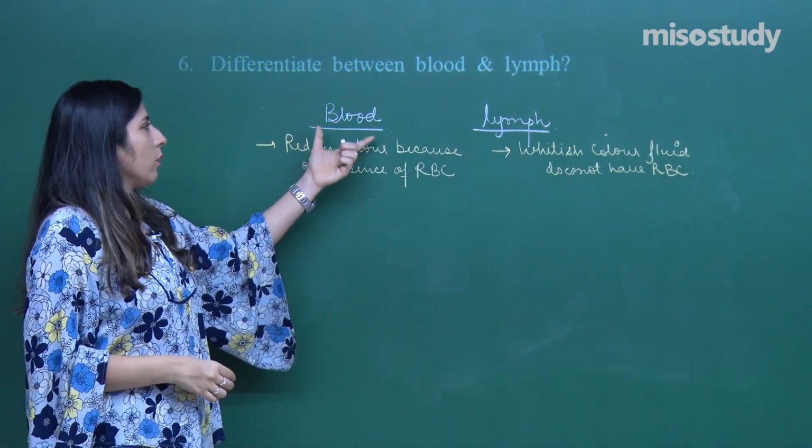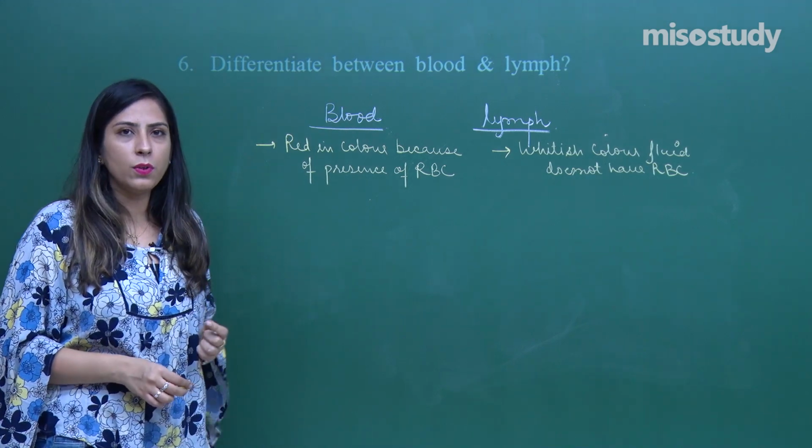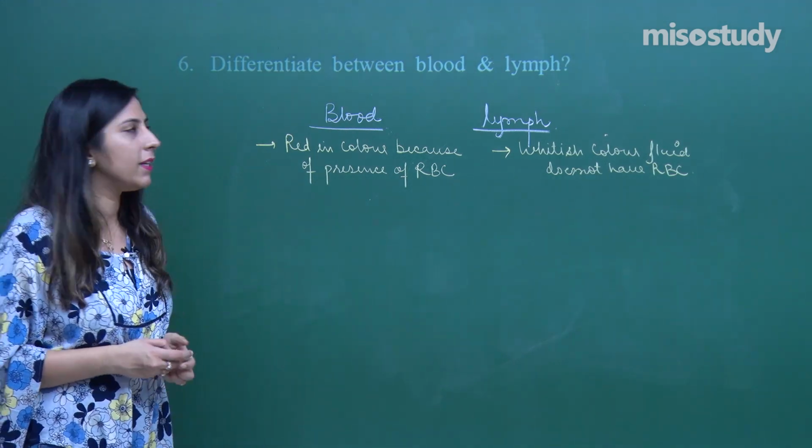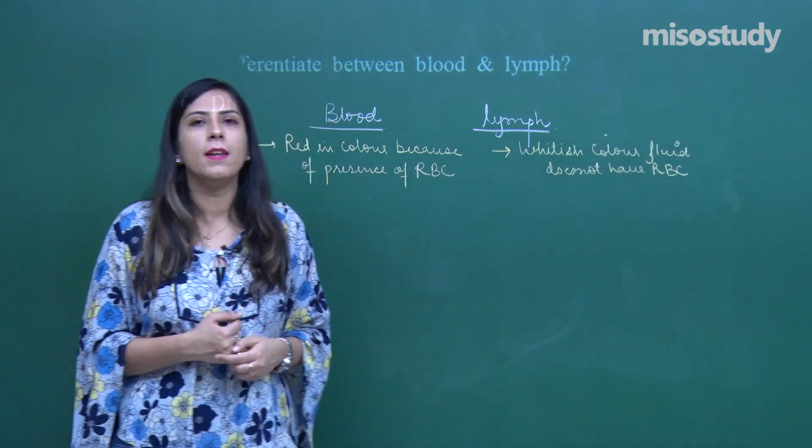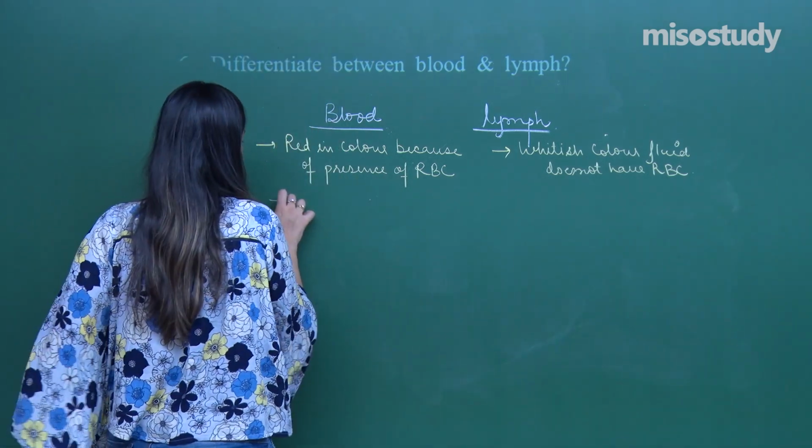Now, the question arises where blood flows. Blood flows in capillaries, whereas the lymph flows in lymph capillaries.